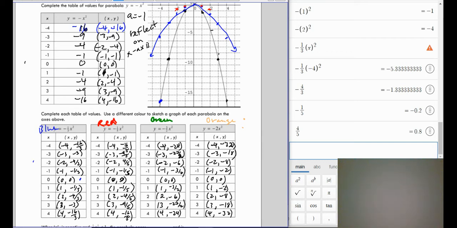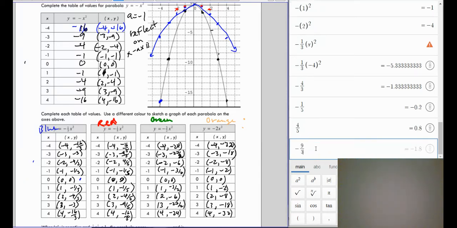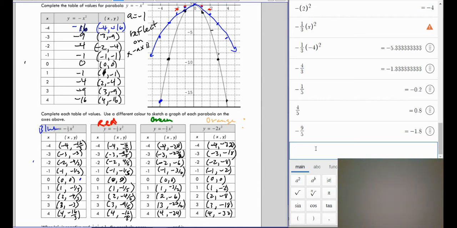At negative 3, we're right here. 9/5. Again, kind of hard numbers to picture. So what is 9/5? Negative 1 and 0.8. So over 3 and 1.8. That's almost 2. Over here, over 3 and negative 1.8.